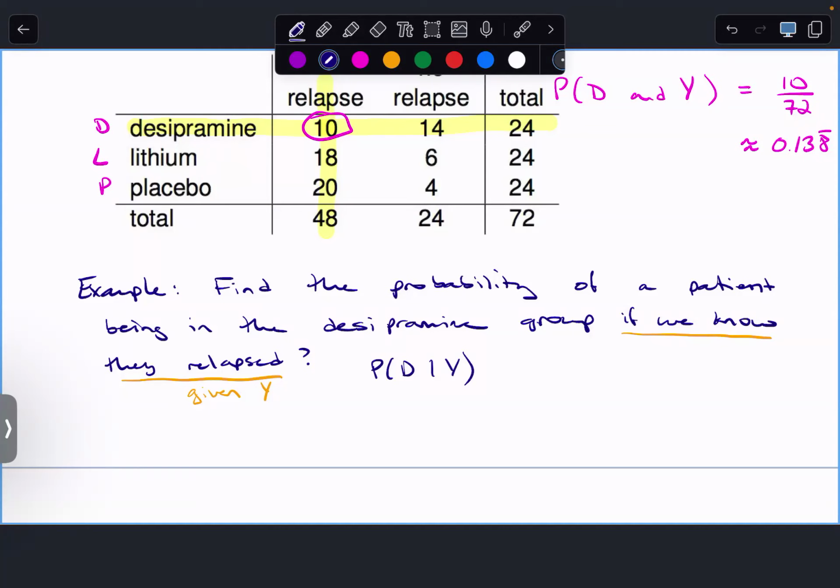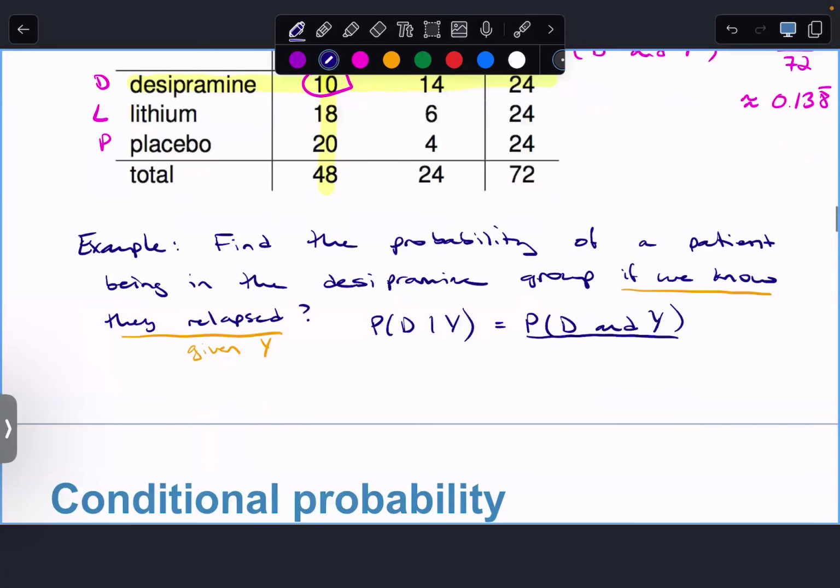But from your formula sheet, as long as you map your A's and your B's consistently, then you can rewrite this as the probability of D and y. But usually how I just read it is I take this first one and the second one, and then I just divide by the probability of the second one, right? And that is the formula. So once you're more comfortable with it, that's probably what you'll do.